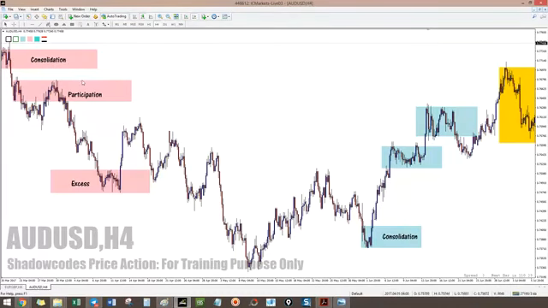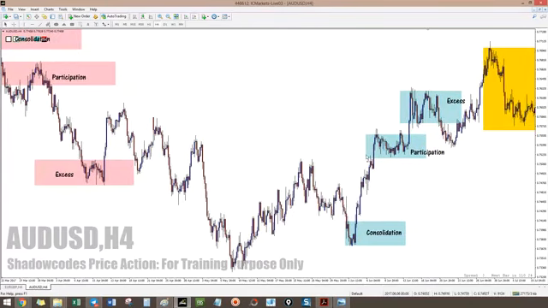Consolidation, participation, and excessive. Okay, so if you are taking this one as your participation, for example, you're taking this one as the participation phase, okay, so your excessive will be here. So your take profit point will be here. That depends on what you see on live trade.